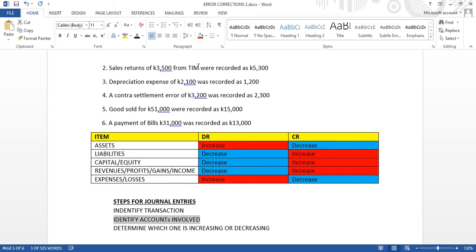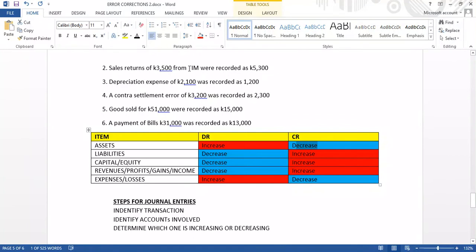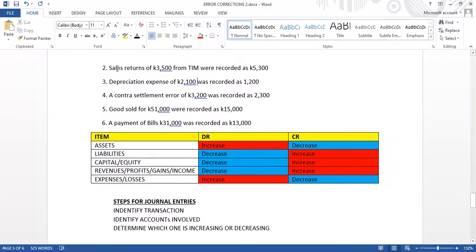Whenever someone who's owing you money brings back goods, that's a receivable. A receivable is an asset, and a decrease in an asset is credited. So Tim is supposed to be credited. Then return inwards is a contra revenue account.